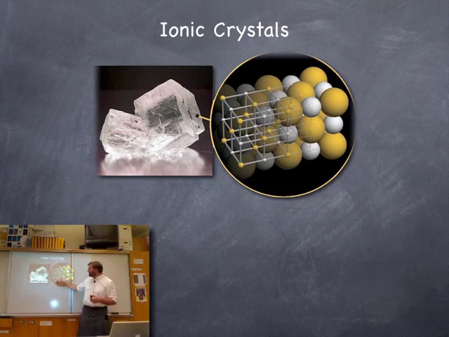We always have this repeating pattern, where these bonds here, these sticks, represent the attractive forces of the positive ions for the negative ions. Because positive and negative attract, while negative-negative or positive-positive repel, you always have this repeating pattern where you alternate positive, negative, positive, negative.